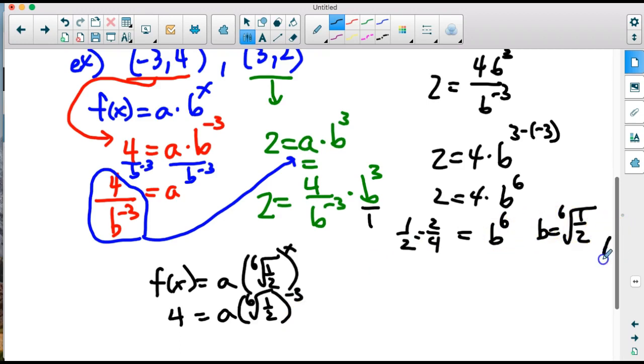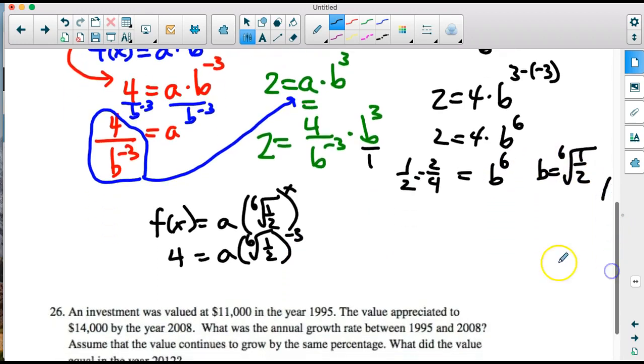All right. Now, we need to know how to operate with these two things. Now, this root is actually an exponent. We could change this to an exponent so that we can multiply the exponents together.